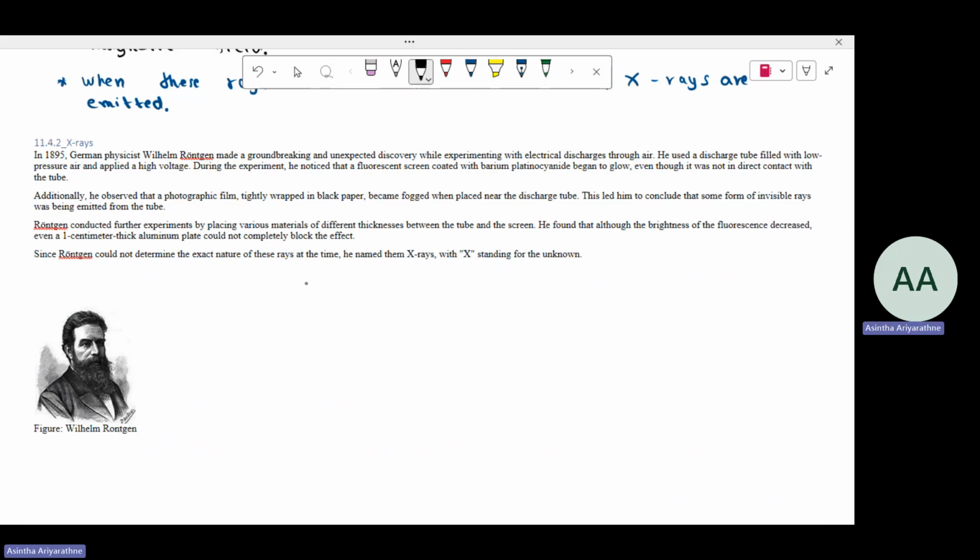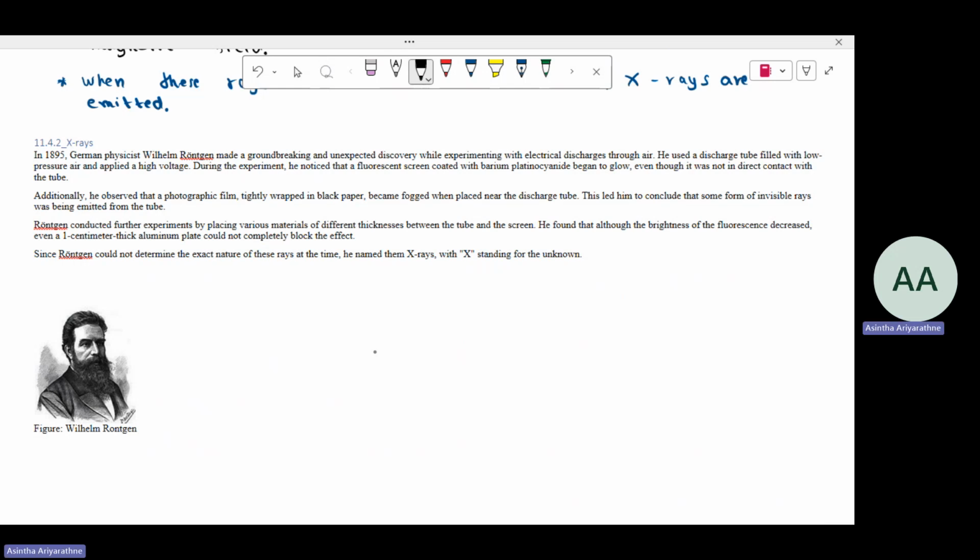He discovered that when a cathode tube, a discharge tube filled with low pressure air, is subjected to high voltage, a fluorescent screen coated with barium platinocyanide began to glow, even though it was not in direct contact with the tube. Additionally, he observed that photographic film tightly wrapped in black paper became fogged when placed near the discharge tube.